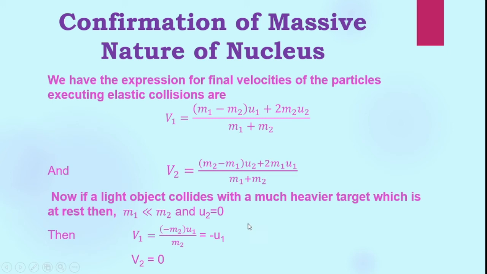This condition is satisfied by the alpha particle. That's why we can say that the central part of the atom, that is the nucleus, is much heavier than the alpha particle using this condition.